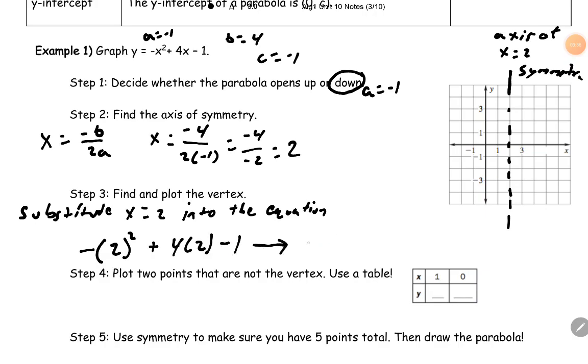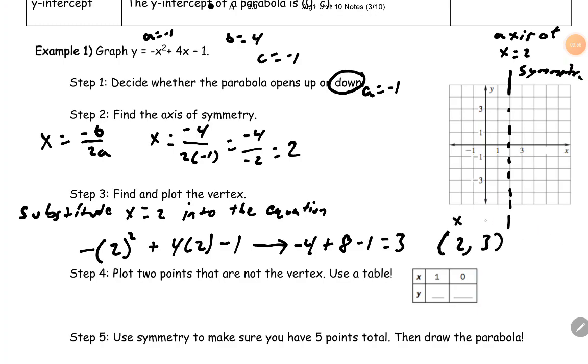That'll give us 2 squared is 4, and then the negative outside makes it negative, plus 4 times 2, which is 8, minus 1. -4 plus 8 is 4, minus 1 is 3. Okay, so my vertex is at 2, 3.